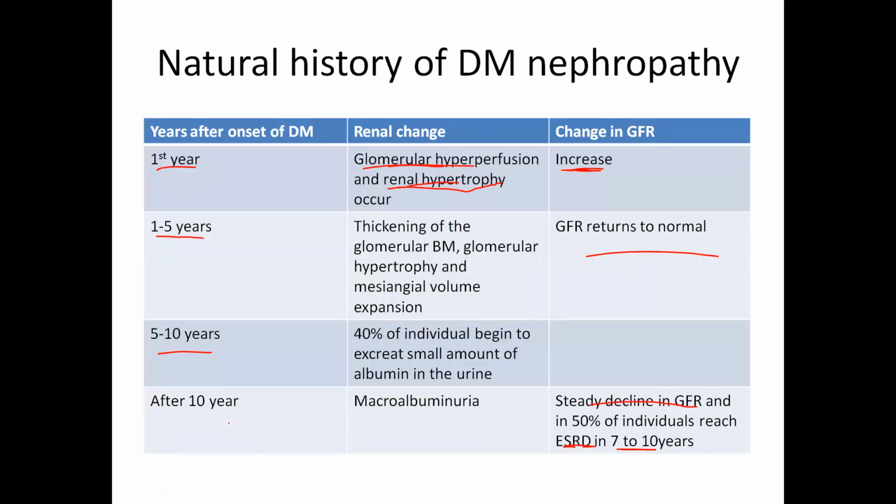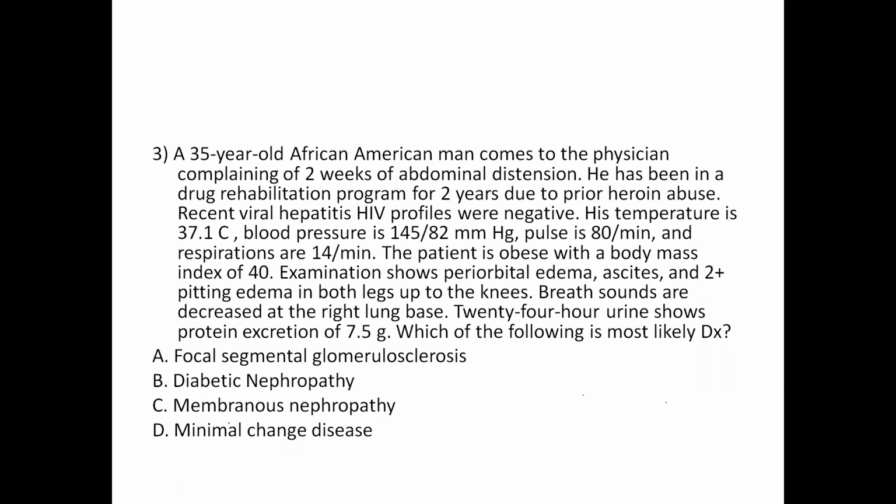So the third question: a 35-year-old African American man comes to the physician complaining of 2 weeks of abdominal distension. He has been in a drug rehabilitation program for 2 years due to prior heroin abuse. Recent viral hepatitis and HIV profile were negative. His temperature is 37.1, blood pressure 145 by 82 millimeters of mercury, pulse is 80 beats per minute, and respiration 14 breaths per minute.